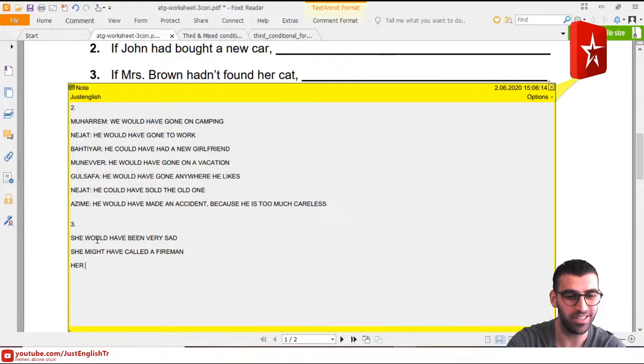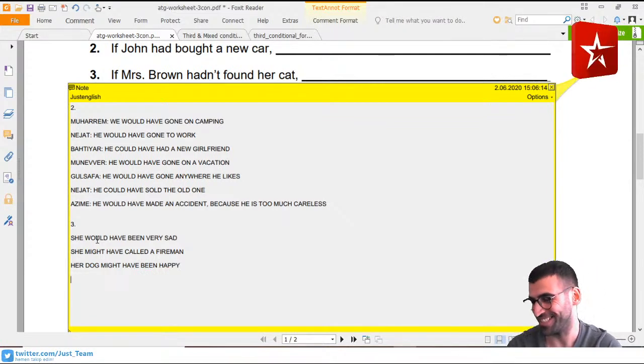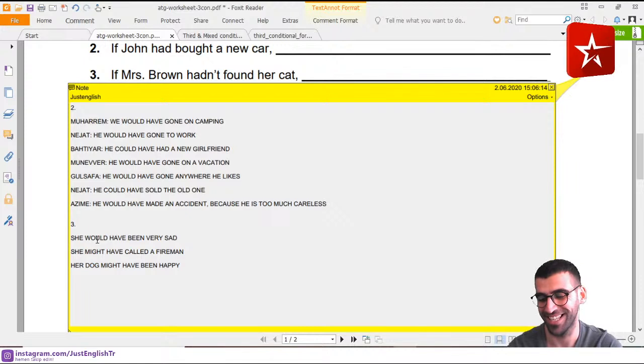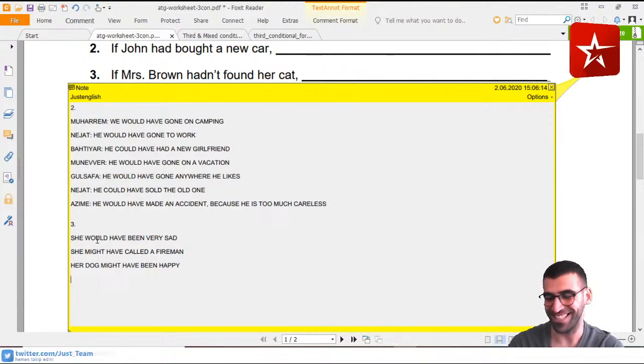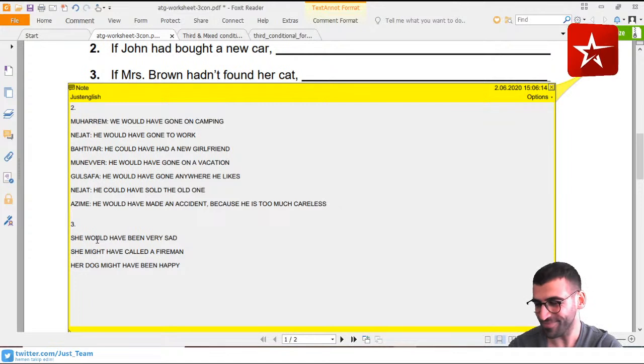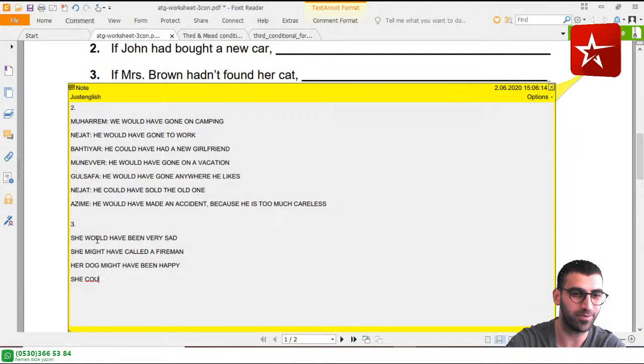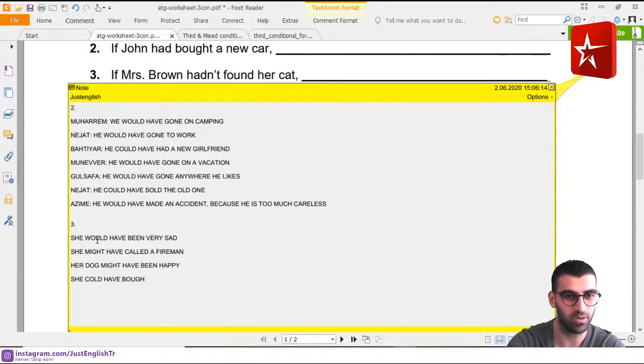Her dog, because her dog might have been happy. Okay, thank you, Bahtiyar. Yes, you made us laugh here. Okay, Mr. Ramadan says she could have taken another cat. She could have bought, not take, she could have bought a new cat.